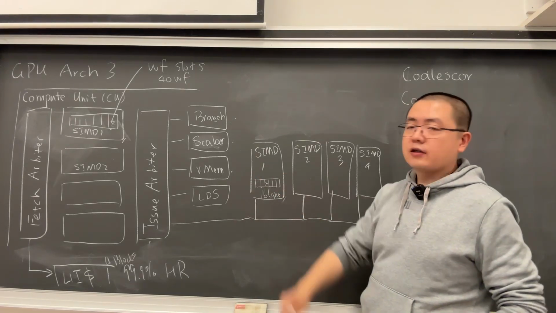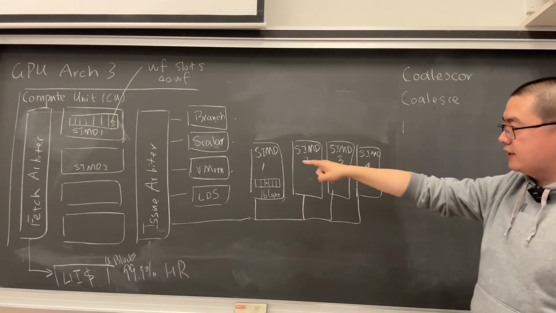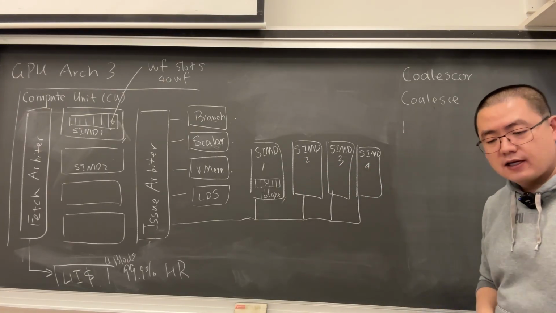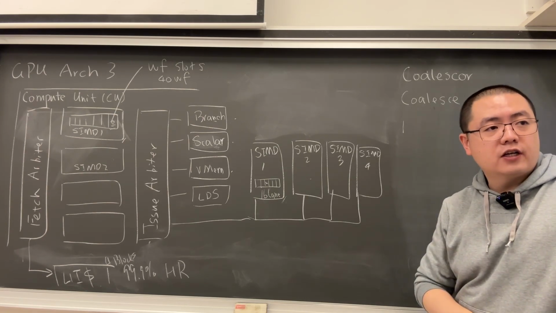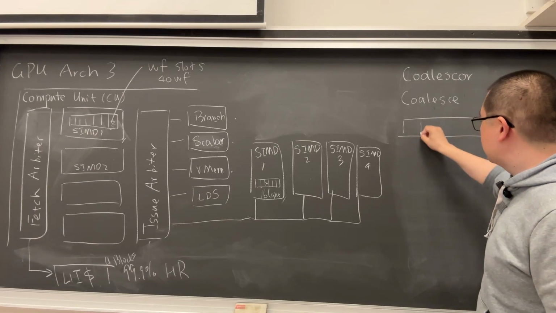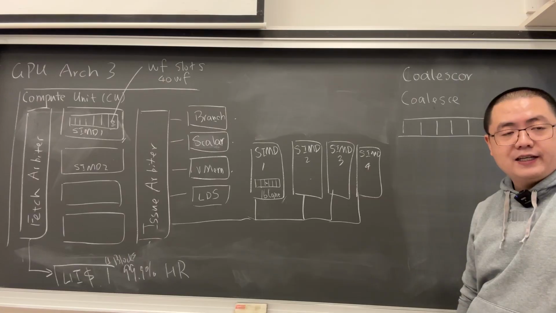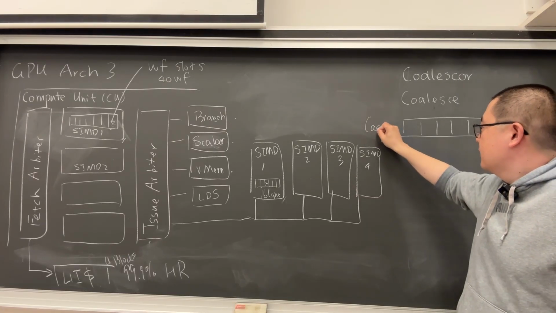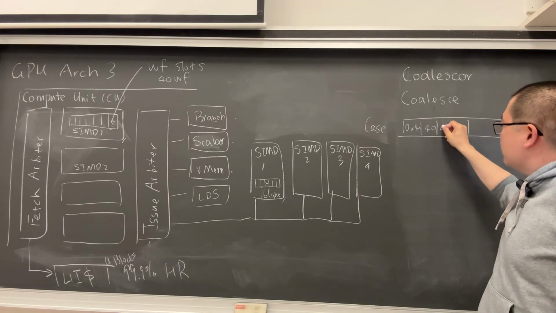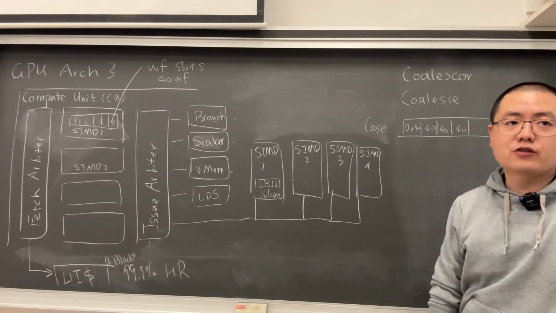So what is the coalescer in the vector memory unit? It works like this. Remember, this is a vector memory unit, so in AMD GPUs, that means we're actually loading 64 different addresses, right? Let's make it simple. We don't want to draw that many. Let's say a very common case, the first case, is we're loading 0x40, 40, 40, 40. So all of them are loading the same address.